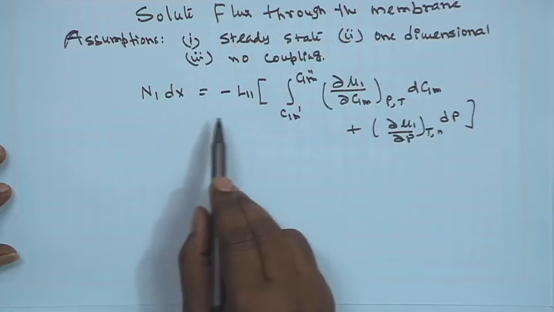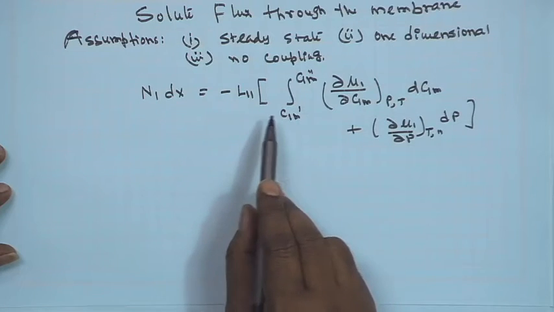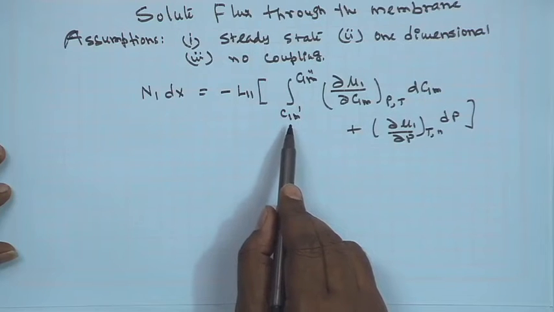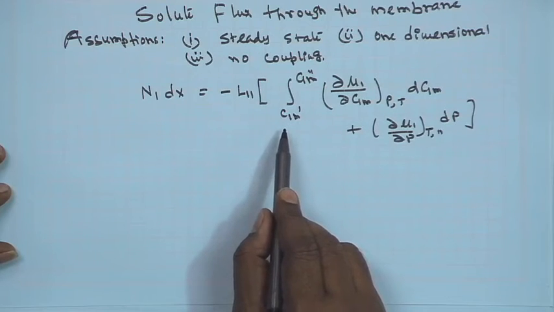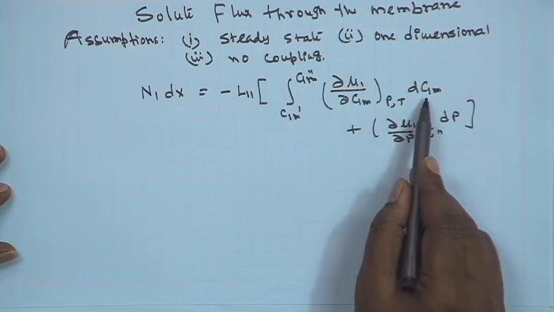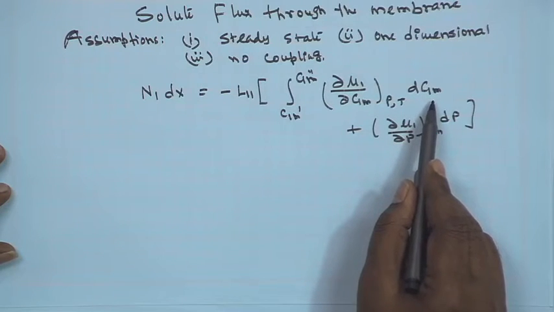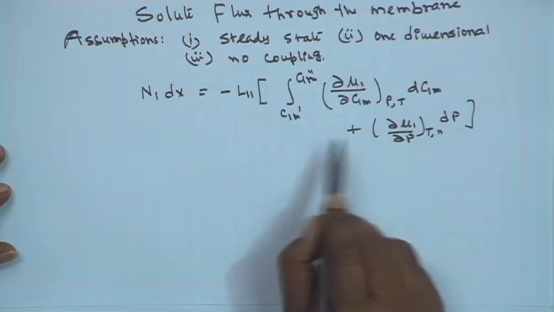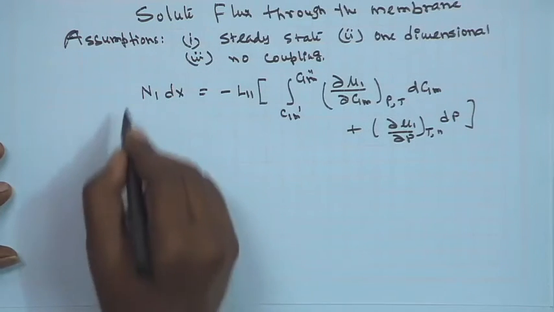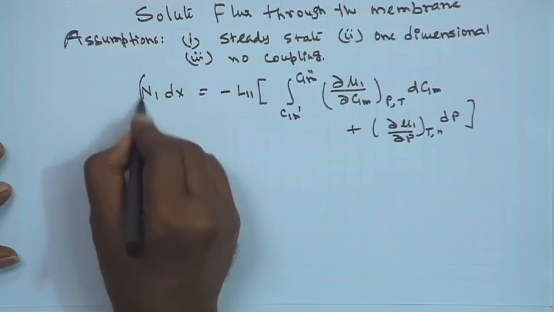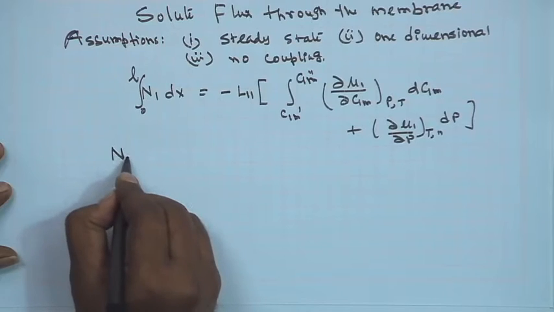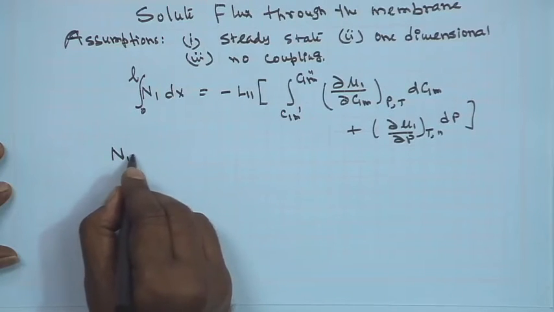So, we have already derived the governing equation of the solute and the governing equation of the solvent. I have omitted a step: we have the gradients dC1m dx and dp dx, and we have multiplied both sides by dx, and now we are integrating it from 0 to L. Assuming steady state, it will be N1 times L.